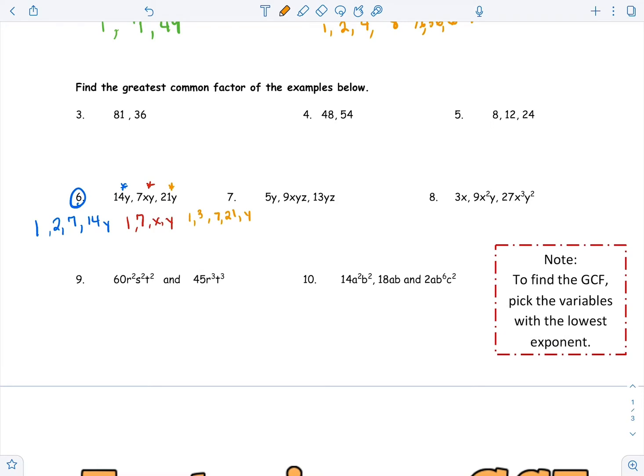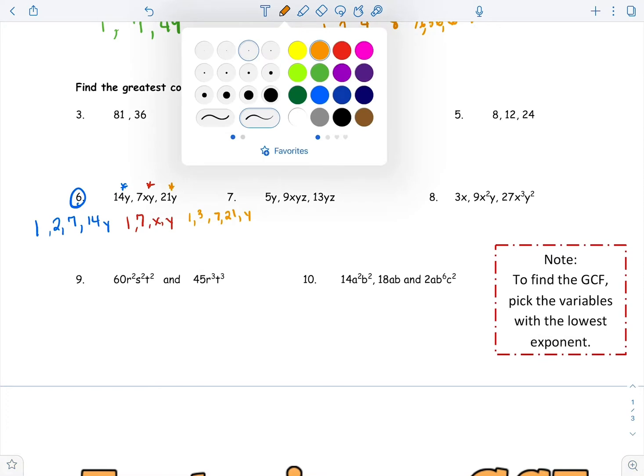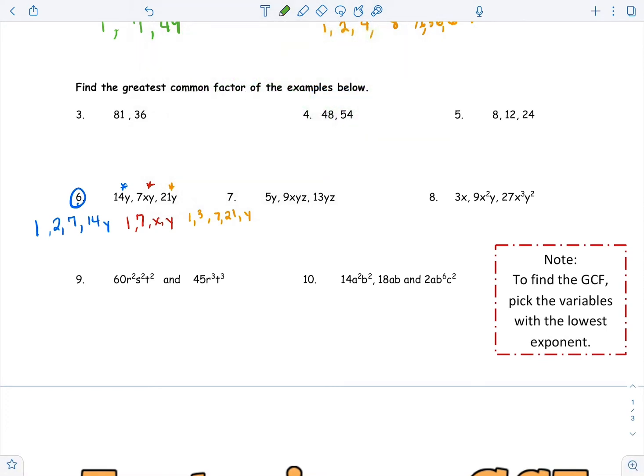All right, so we factored each term here, and I've tried to color code it so you can recognize. So from here, we know 1 is definitely a common factor between all of them. So we never really have to acknowledge 1 just because it's 1.